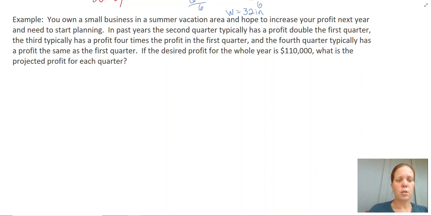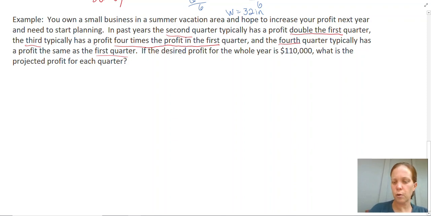So let's do this one first, and I'll talk about some other exam types you might come across. It'll be similar to this. So you own a small business in a summer vacation area and hope to increase your profit next year and need to start planning. In the past years, the second quarter typically has a profit double the first, and then the third, I'm going to do some underlining here. So the second has a profit double the first quarter, and then the third has a profit of 4 times the first, and then the fourth typically has the profit the same as the first.